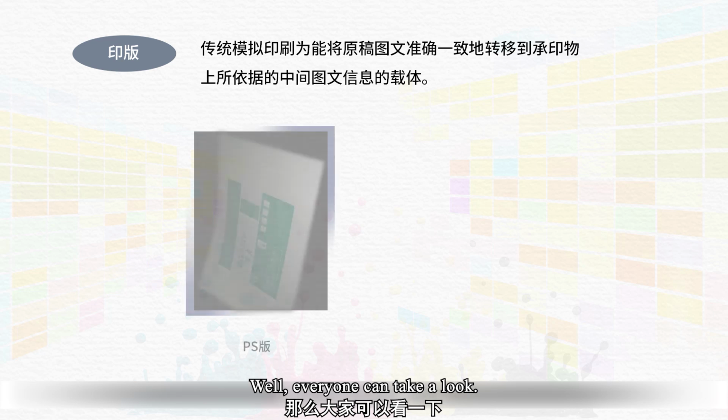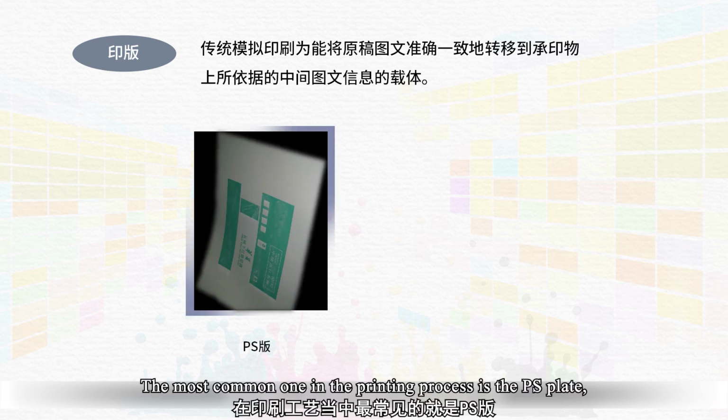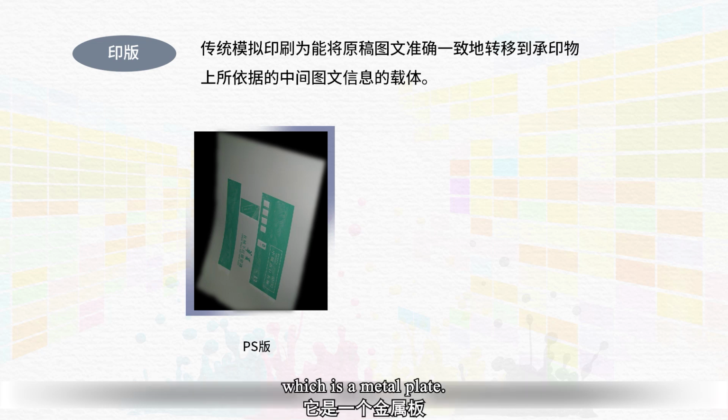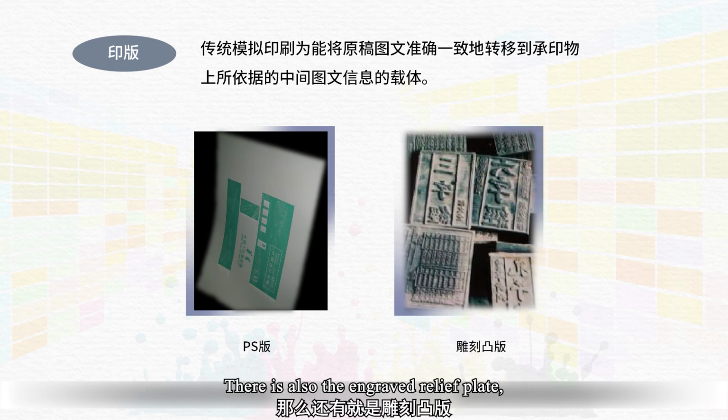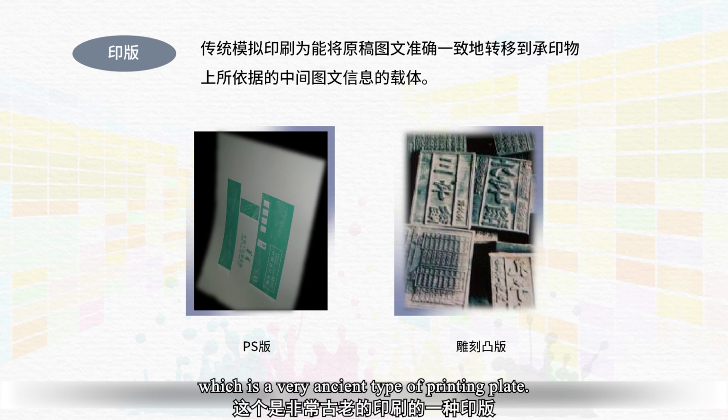Well, everyone can take a look. The most common one in the printing process is the PS plate, which is a metal plate. There is also the engraved relief plate, which is a very ancient type of printing plate.